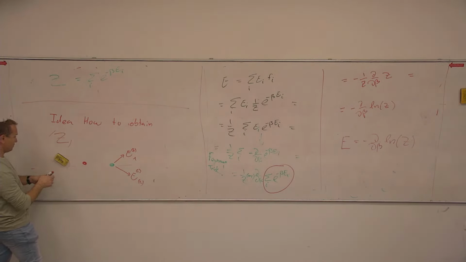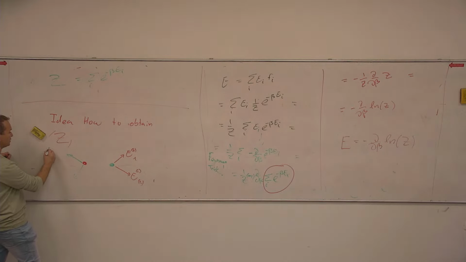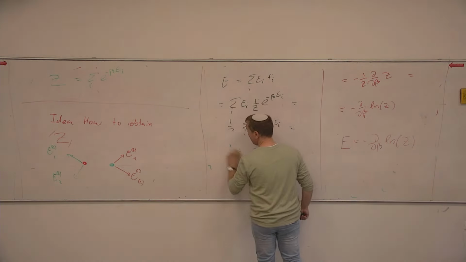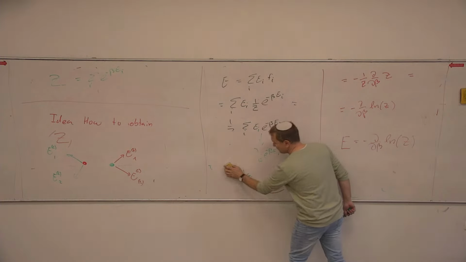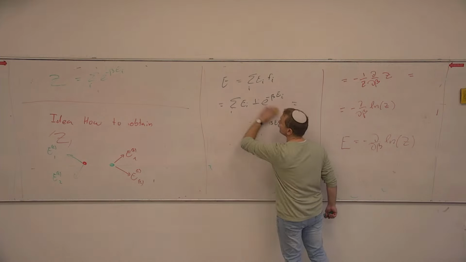The red particle, switch the colors, is going to have energies E2,1 and E2,2. Those are the different energies of these two particles. They are absolutely not interacting.